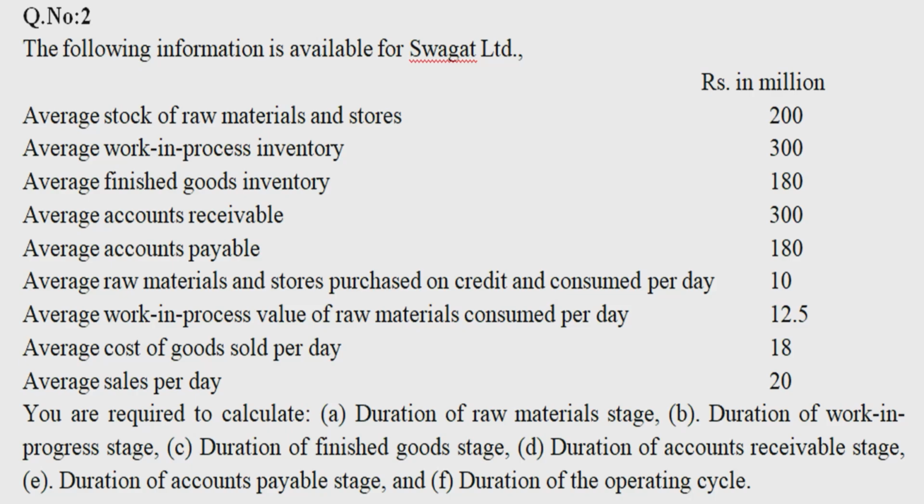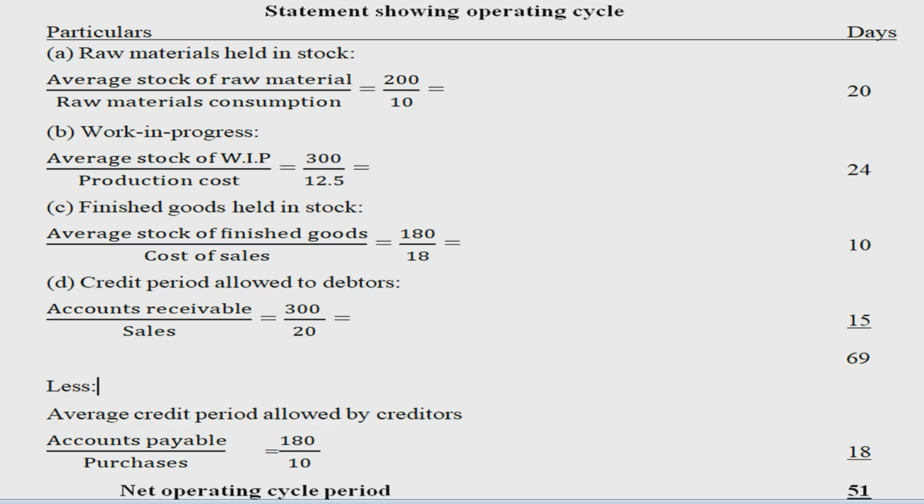So average stock of raw material and stores given here is 200 millions. So 200 divided by average raw material consumption. Here raw material consumption, with the help of the information, average raw material and stores purchased on credit and consumed per day here given is 10. So 200 divided by 10. So we will get 20.